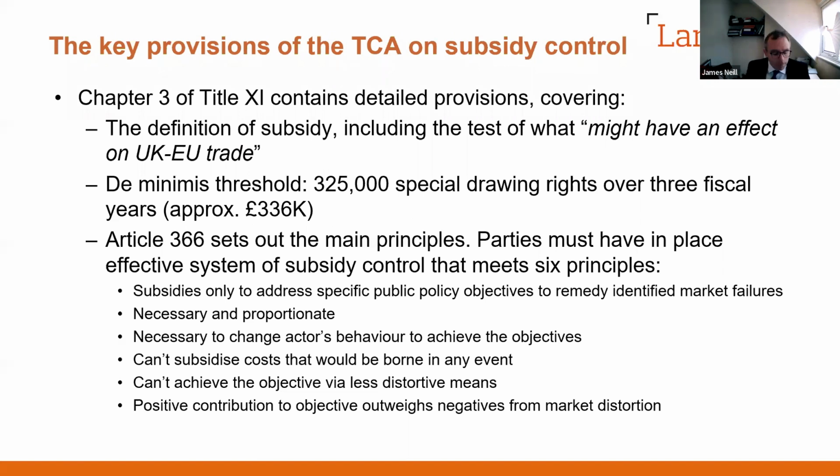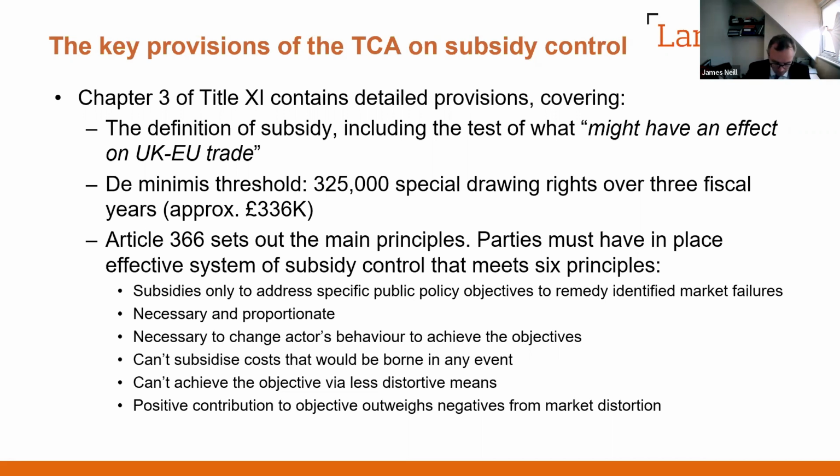So when looking at the actual provisions of the TCA, there is a definition of a subsidy, and that is the test of what might have an effect on UK-EU trade. There is a de minimis threshold, approximately 325,000 special drawing rights, approximately 336,000. And then Article 366 set out the main principles.